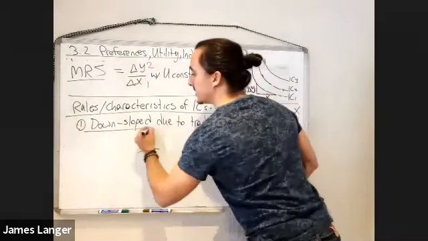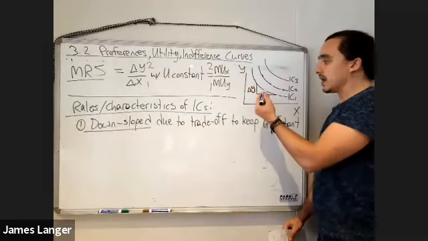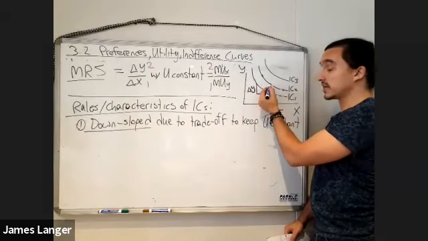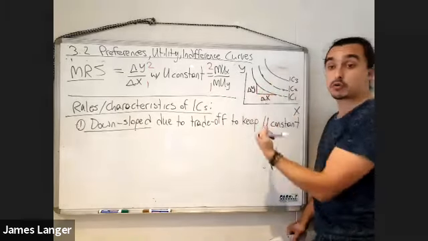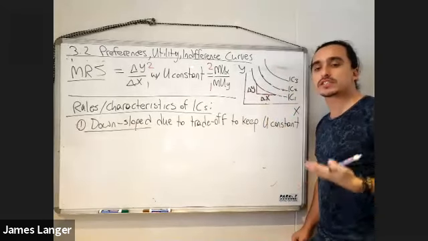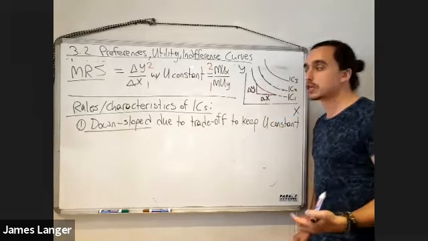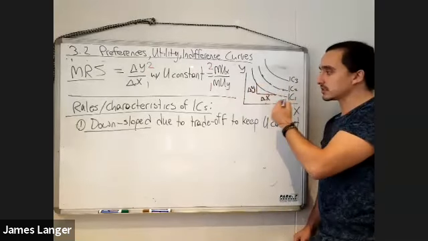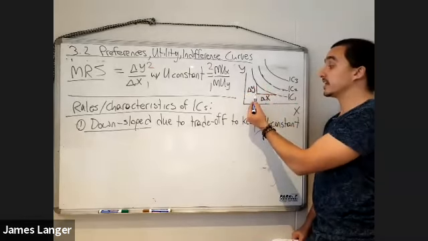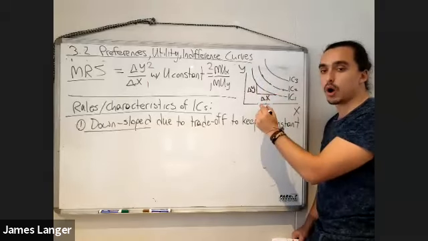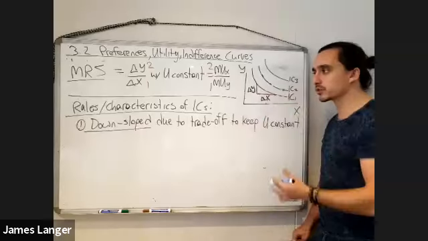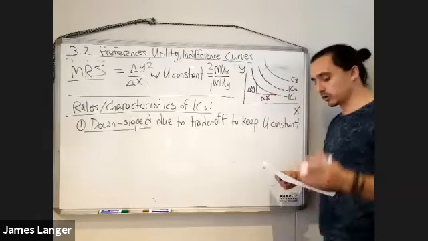Why? Because, like we said, if I move from one point to another point in an upward sloping direction, I'm obviously going to be more satisfied because I'm getting more of both. So in order for utility to be constant, if I take away y, I must give you x. Or if I give you more x, I have to take away y. Otherwise, my utility will not be kept constant. So a trade-off is required. They have to be downward slopes.